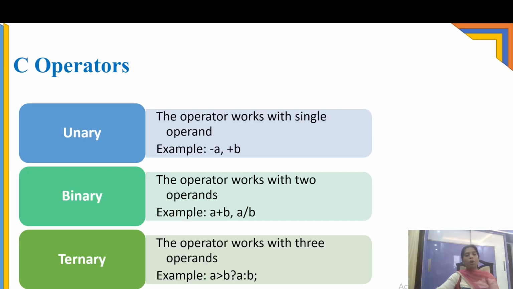Next topic is operators. We have three types of operators in C: unary, binary, ternary.